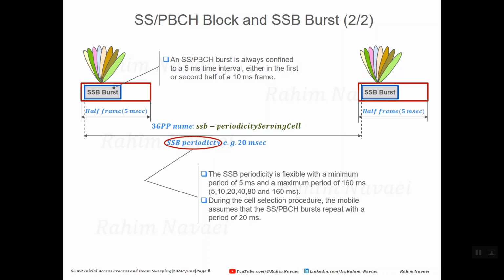The 3GPP has defined 7 distinct patterns A to G to support the diverse configurations of SSB burst parameters, catering to different deployment scenarios and spectrum utilization strategies.